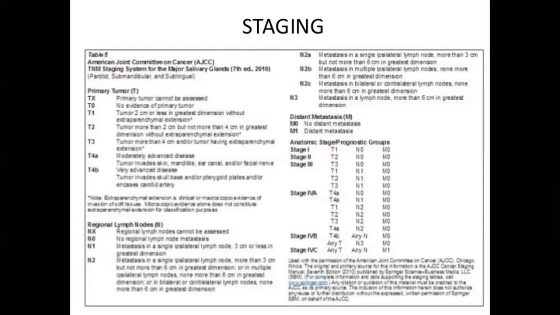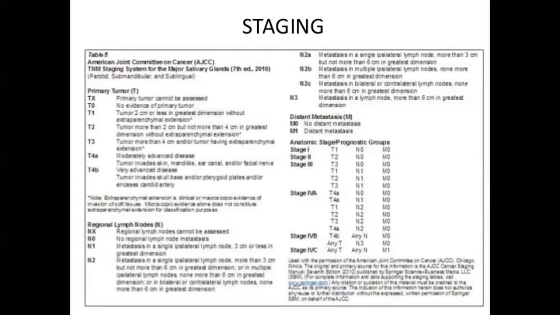NX means regional lymph nodes cannot be assessed. N0 means no regional lymph node metastasis. N1 is metastasis in a single ipsilateral lymph node. N2 is metastasis in ipsilateral lymph nodes. N2A is metastasis in a single ipsilateral lymph node more than 3 centimeters but not more than 6 centimeters in greatest dimension. N2B is metastasis in multiple ipsilateral lymph nodes, none more than 6 centimeters in greatest dimension. N2C is metastasis in bilateral or contralateral lymph nodes, none more than 6 centimeters in the greatest dimension.